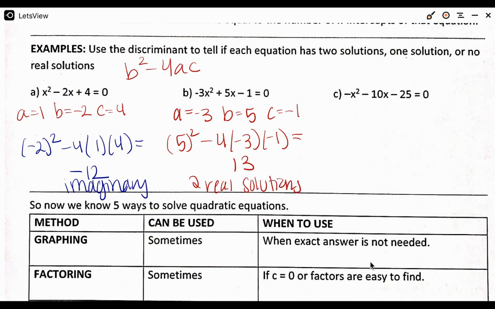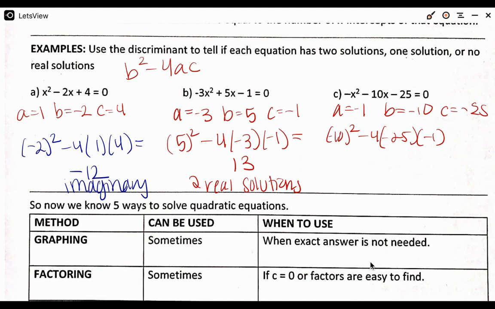And our last one, right here, a is negative 1, b is negative 10, and c is negative 25. So let's fill this in. We get negative 10 squared minus 4 times negative 25 times negative 1.